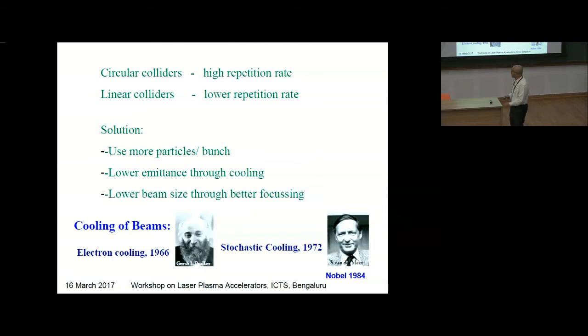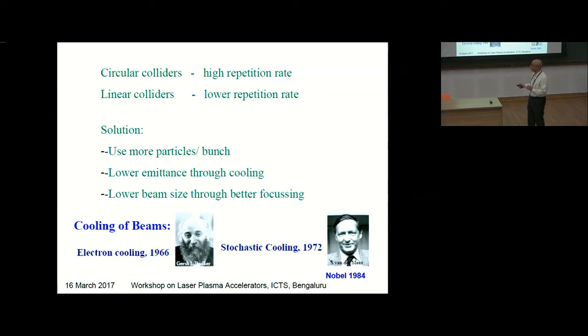That idea of cooling came, and 2 gentlemen discovered separately 2 different modes of cooling. One is electron cooling by Gersh Budker in Russia, and the other is stochastic cooling by Simon van der Meer in 1972, working at CERN. And both of them have been successful.